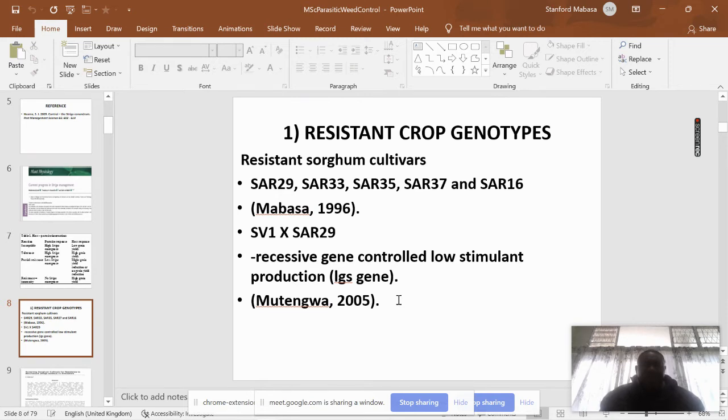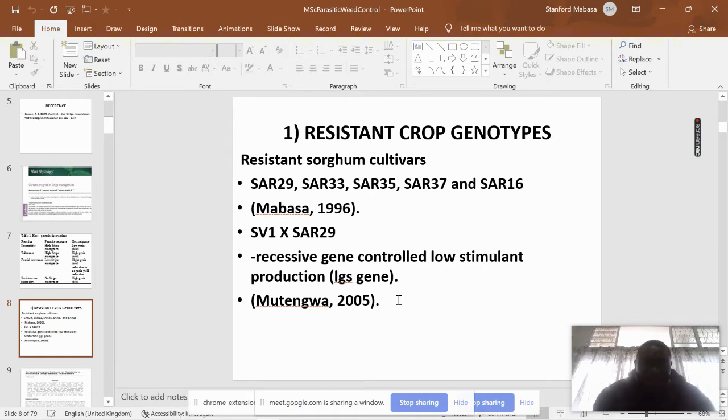For example, SAR29, SAR33, SAR35, SAR37, and SAR16. These have actually been evaluated in this country and found to be resistant.